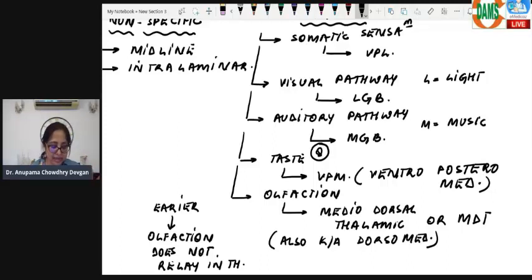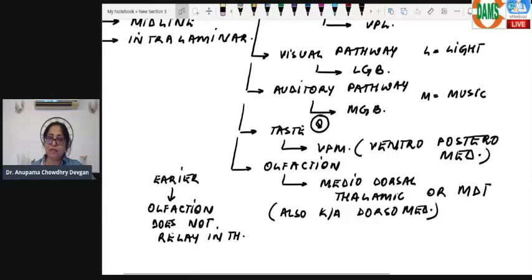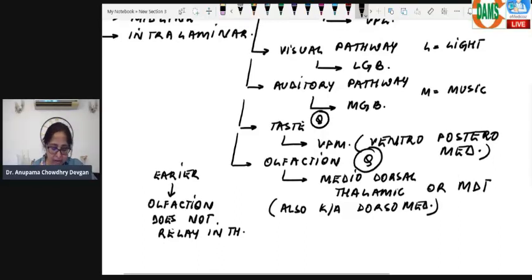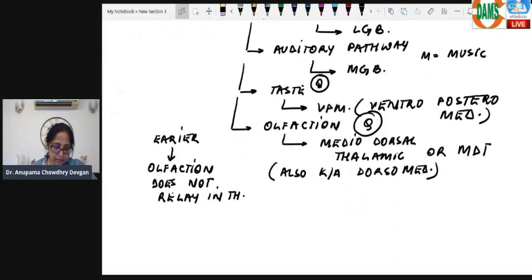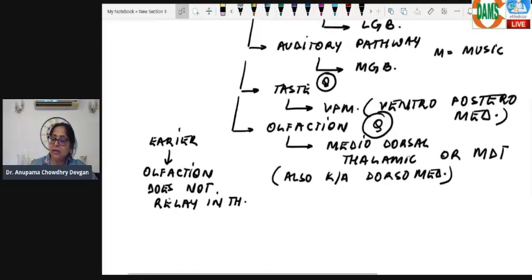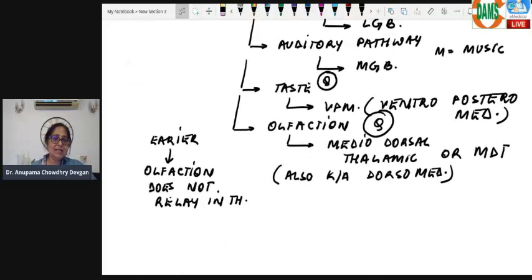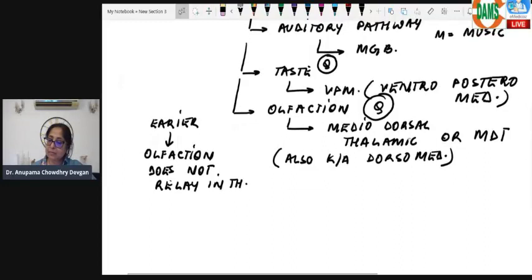Now we know the relay nucleus for olfaction is mediodorsal thalamic or dorsomedial. Again, this was a question which was asked. These are the sensory relay nuclei in the thalamus.